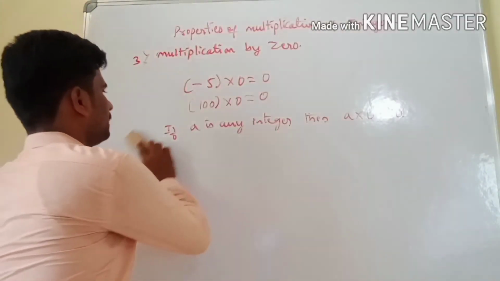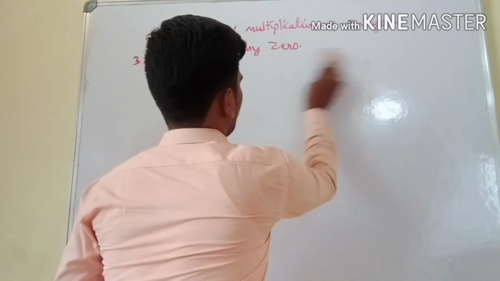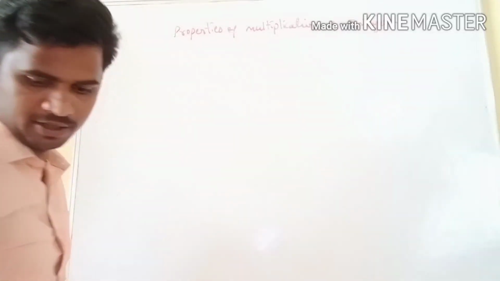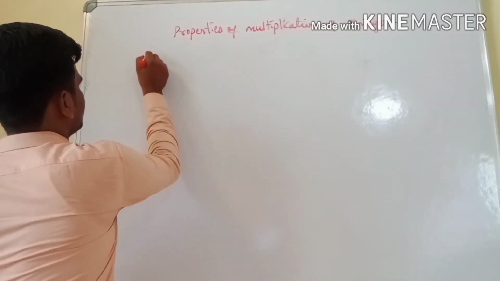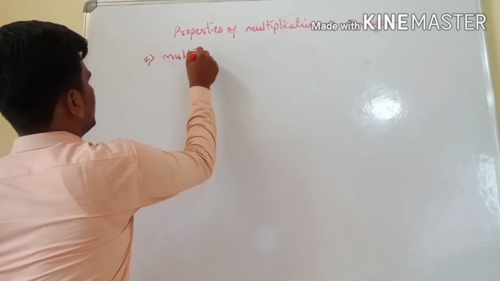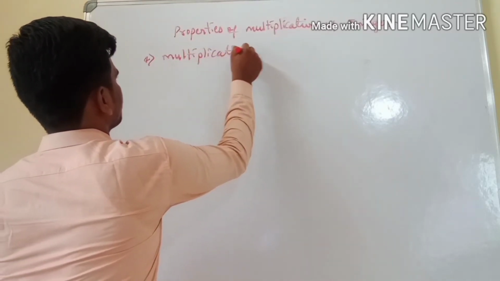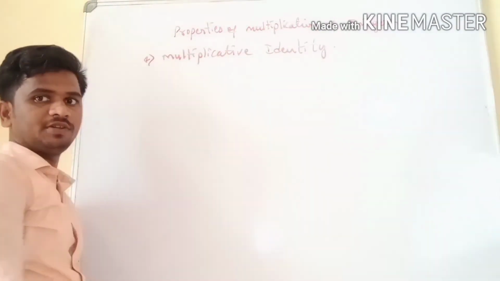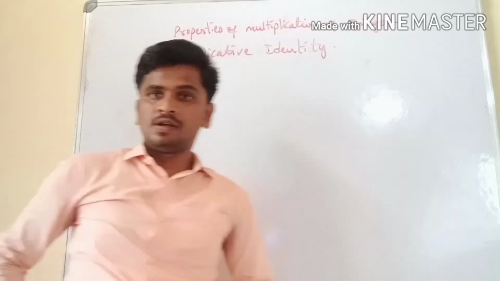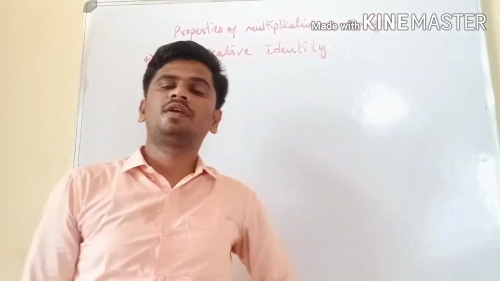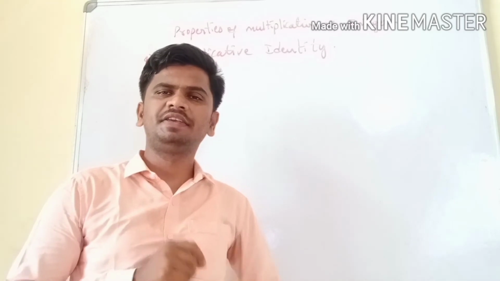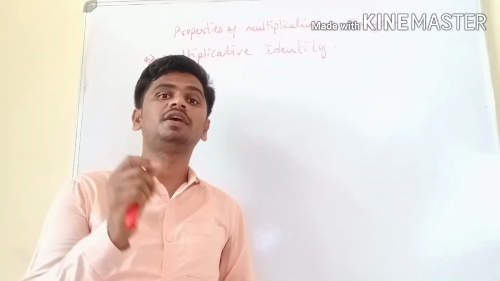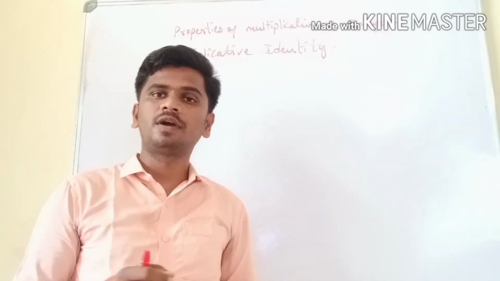Then we have another very important property, that is multiplicative identity. What does this property say? See, this one is very, very important. If you multiply any number by 1, what about their product?